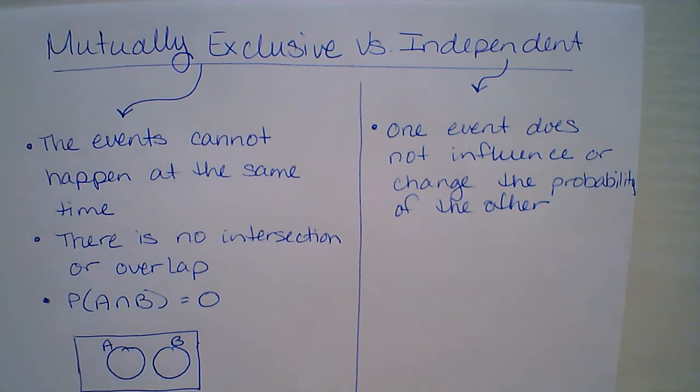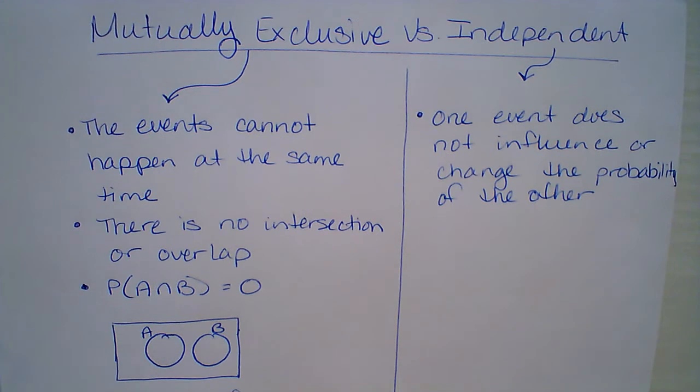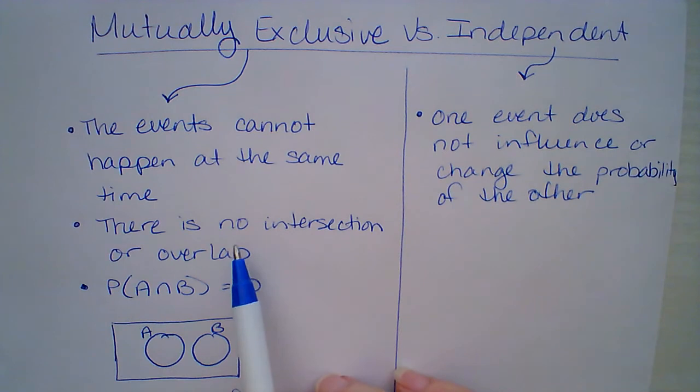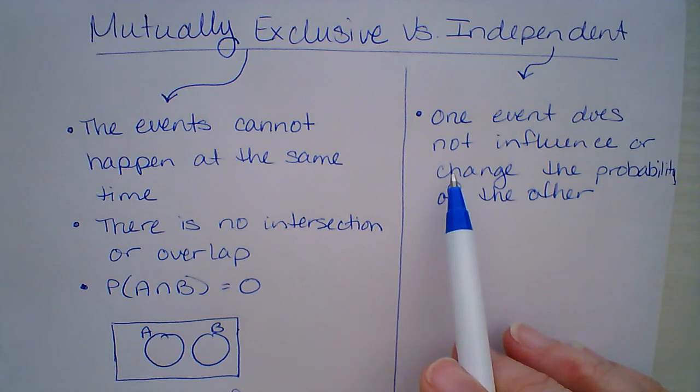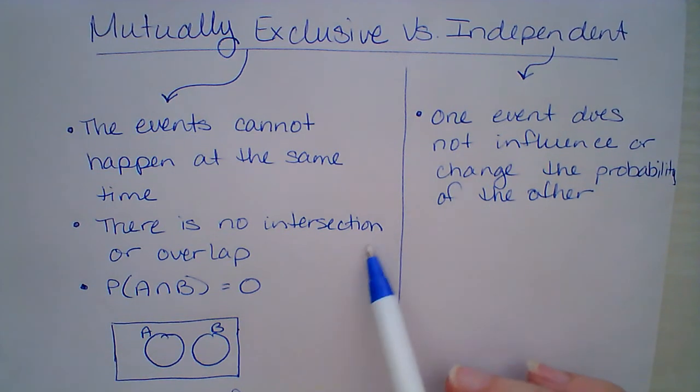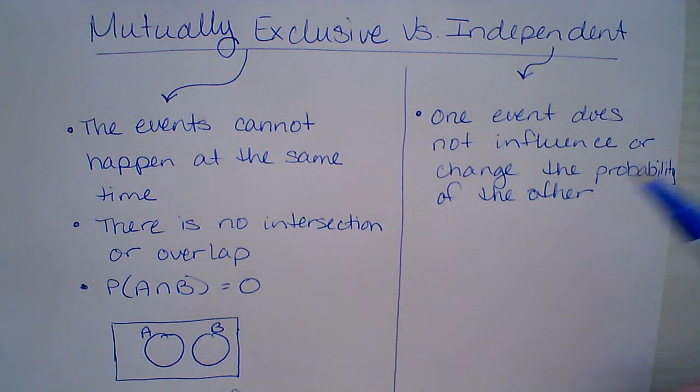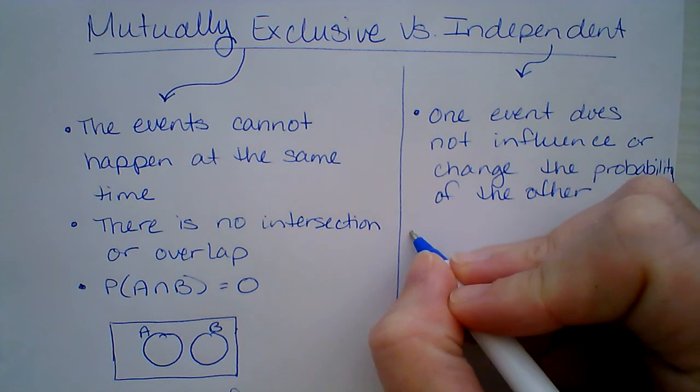So if two events are independent, what this means is the one event does not have any influence on the other event. Notice that's completely different than mutually exclusive. Mutually exclusive is just saying whether they can happen together or not. Independence is saying does one event affect or influence the other.